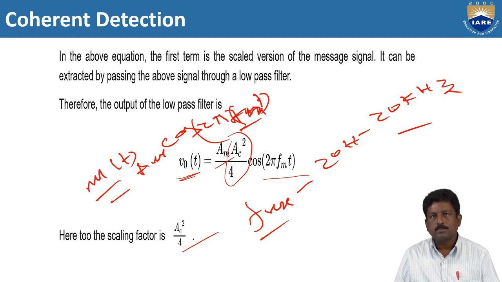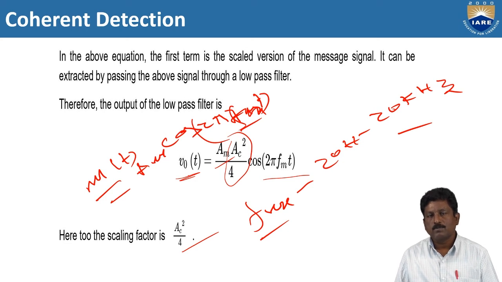So with this we have completed the demodulation techniques of the SSB also. In both cases, coherent detection is demodulation of the SSB modulated wave. Coherent means synchronization of the frequency. The frequency used for the transmission or modulation at the transmit side is the carrier frequency FC.